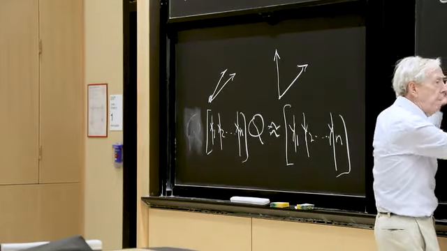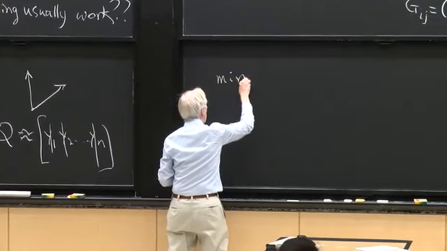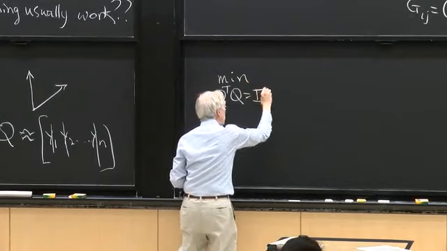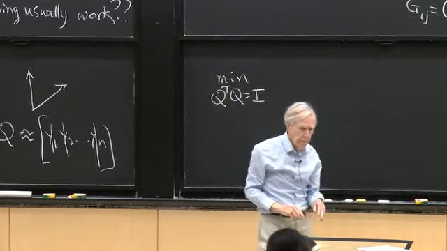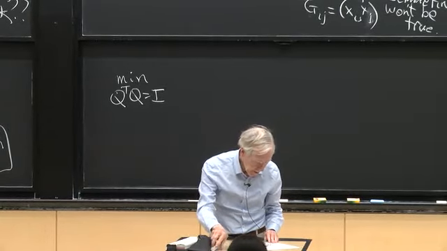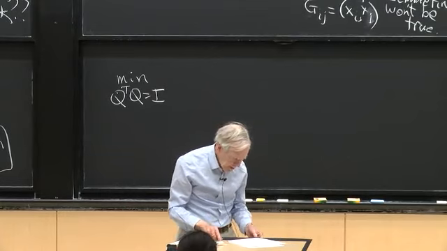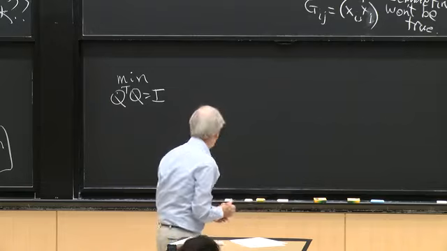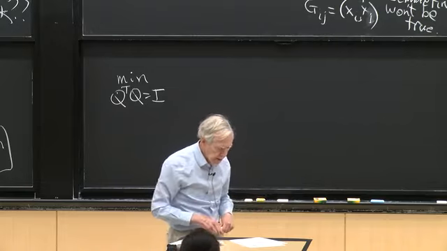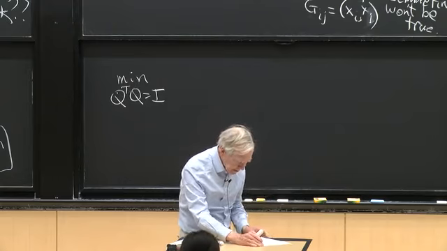Minimize over orthogonal matrices Q, and I just want to get my notation to be consistent here. Okay. So I see that I'm starting with the y's and mapping them to x's. So let me ask the question.